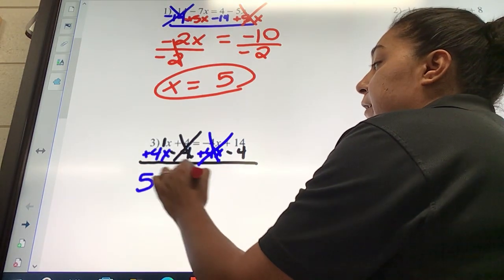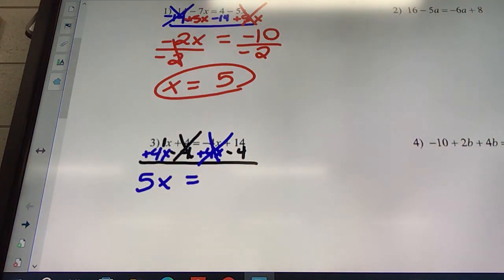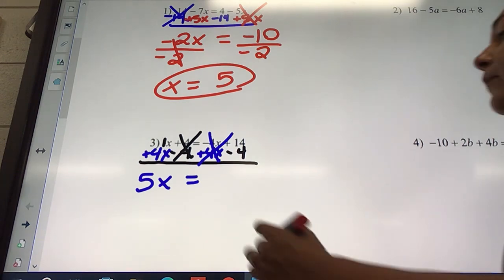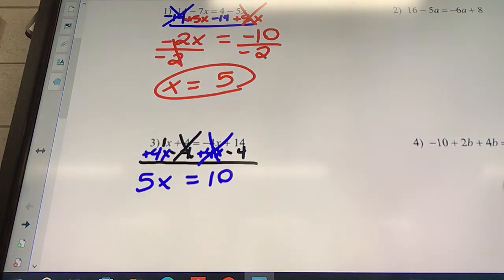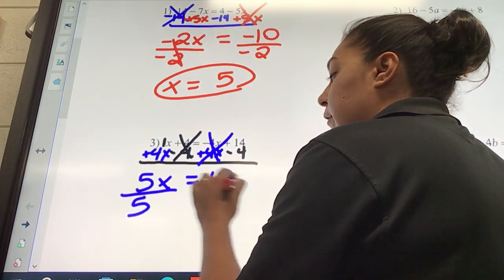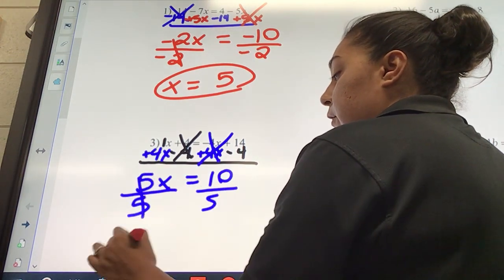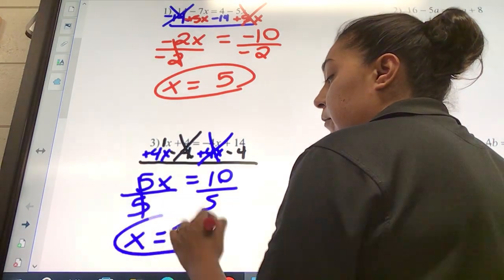So we get 5x equals, what is 14 minus 4? 10. Okay, and then what needs done? Divide by 5. So we're going to get x equals 2.